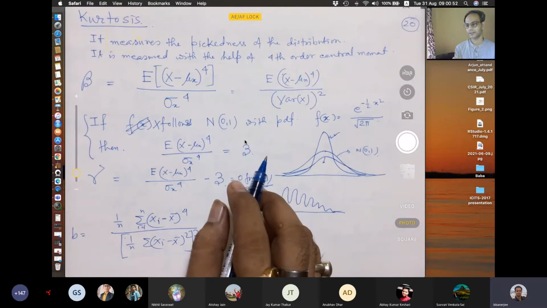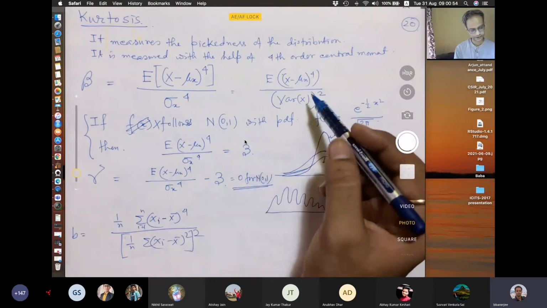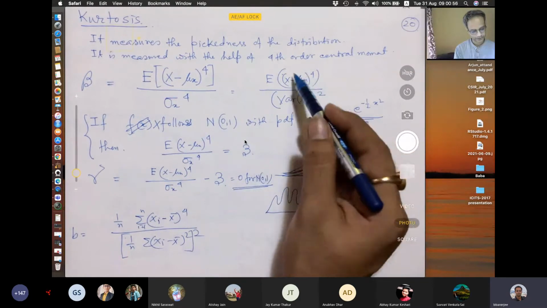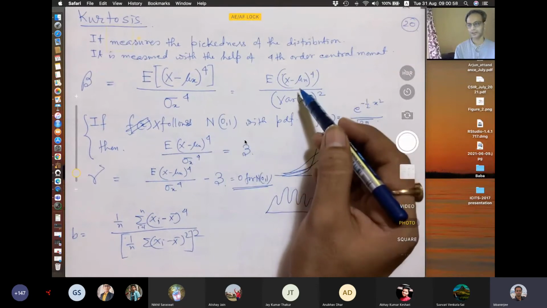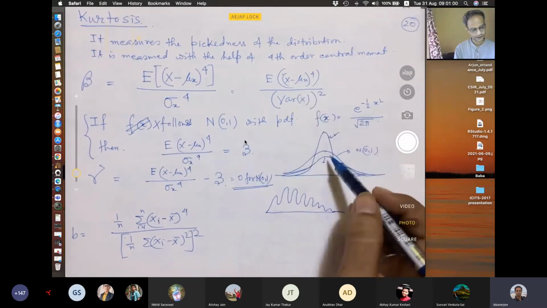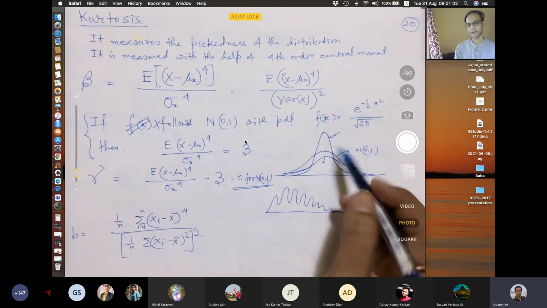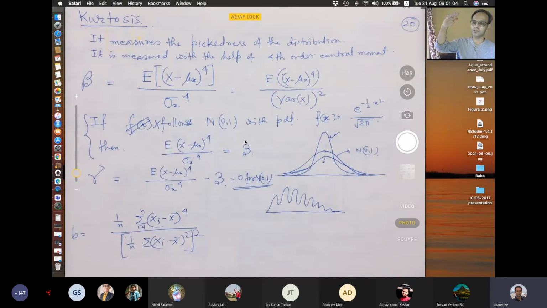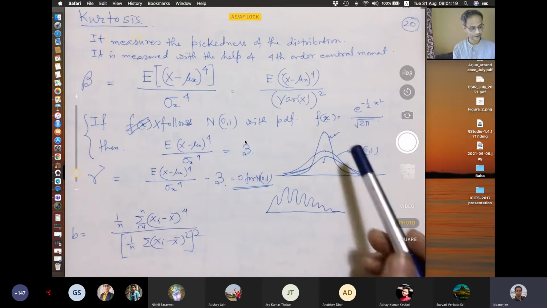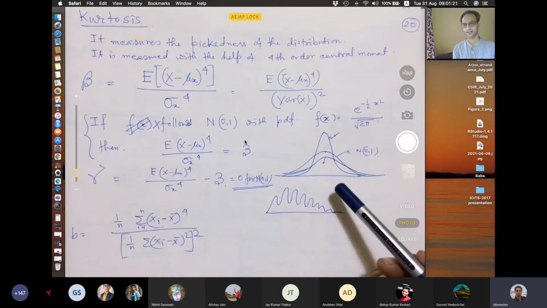Now, instead of just going by the value of beta only, people often compare it with respect to the standard normal. If the height is more than standard normal, you subtract the 3 and say it positive, and if it is less than standard normal, you subtract the 3 and call it negative. One is called mesokurtic, another is called platykurtic.